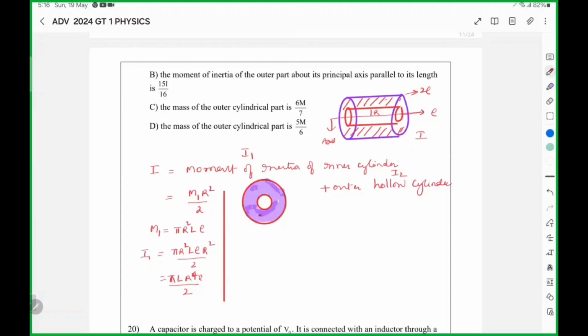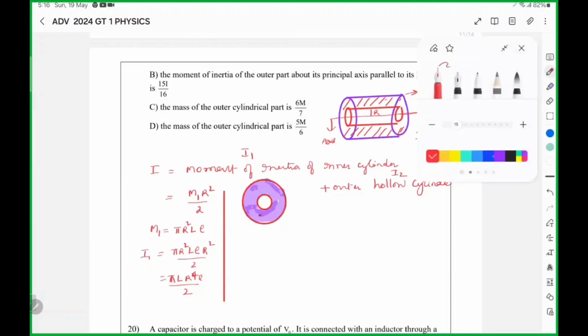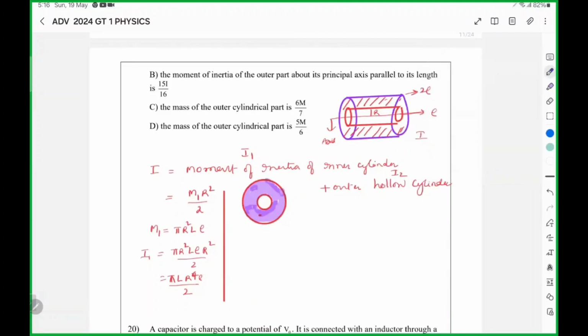what I am doing here is I will take some arbitrary ring, which is located at a distance x from the center of the hollow disk.